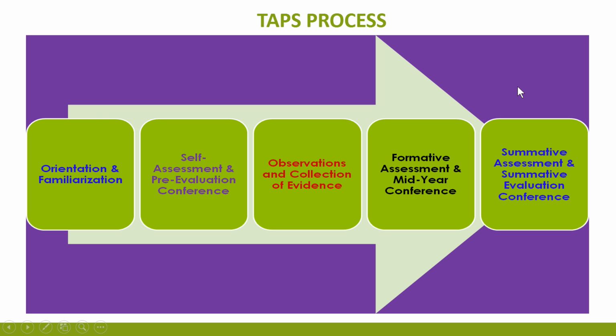It consists of 2 10 to 15 minute walkthrough observations and 1 30-minute formative observation. That's one phase. You do that first semester, then you have your mid-year conference. Then second semester, you have that phase all over again, 2 10 to 15-minute walkthroughs and 1 formative observation. Then at the end of the year, you have your summative assessment and your summative evaluation conference, which results basically in your TEM score this year.